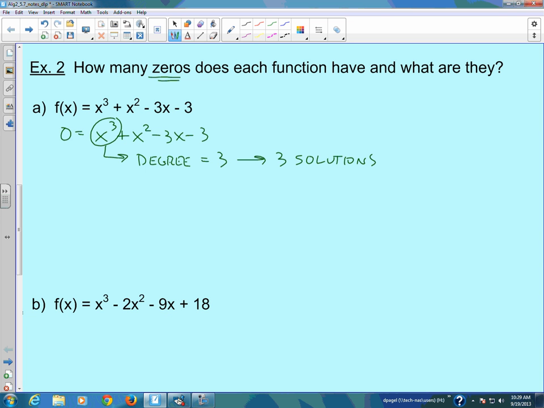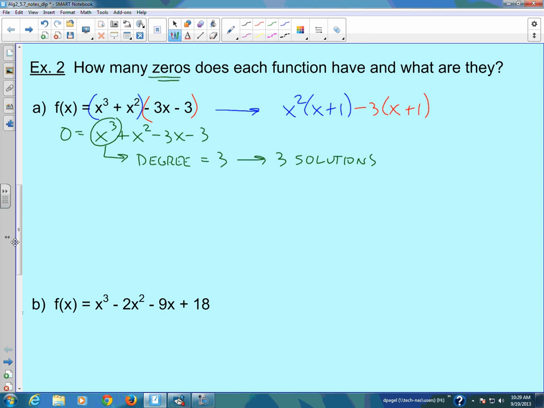4 terms, that's the one where we might be able to group. In this case, if we paired the first 2 together and pulled out a GCF of x squared, we'd have an x plus 1 left over. And if I paired the second 2 together and pulled out a negative 3, I'd have an x plus 1 left over as well.